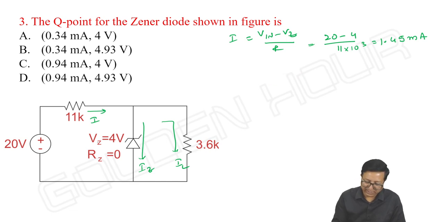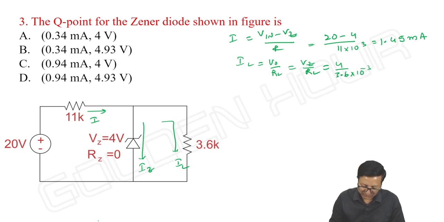Then, what about IL? IL is equal to V output by RL. V output is VZ, VZ by RL. It is 4 by 3.6 into 10 power 3. Sorry, kilo, no?